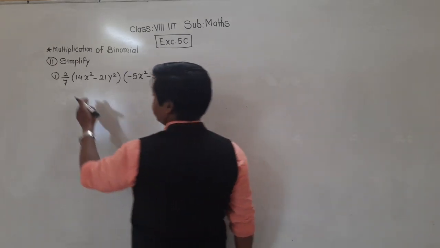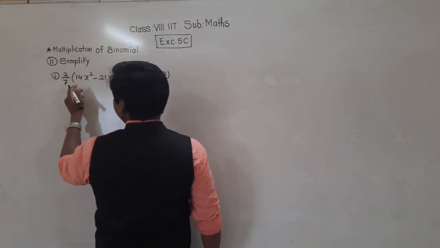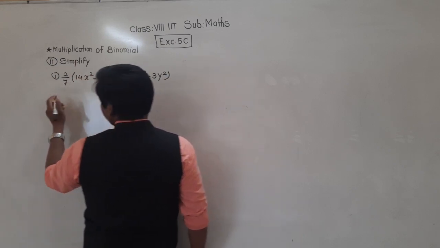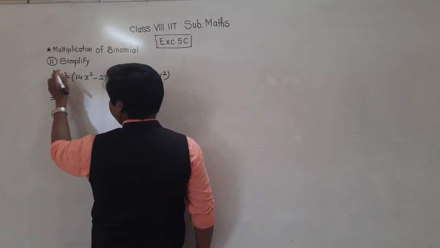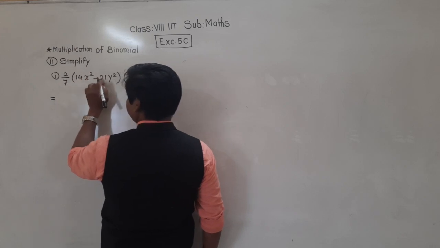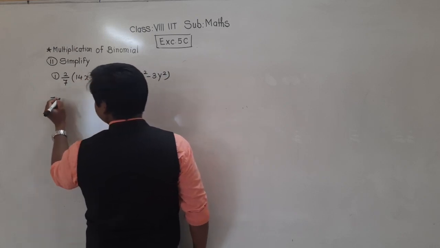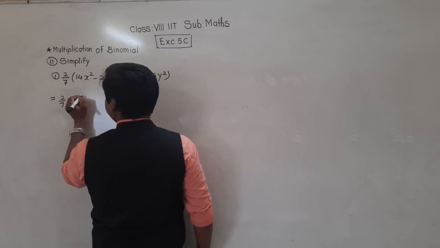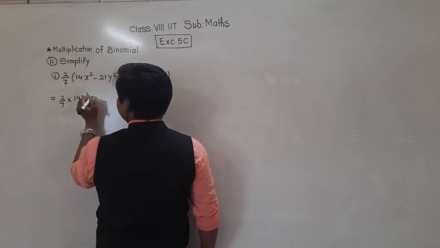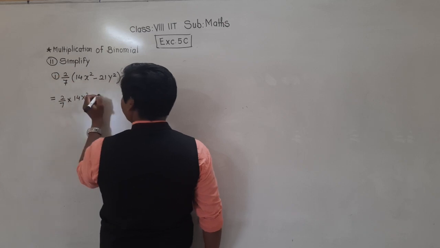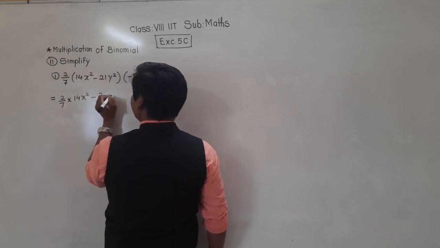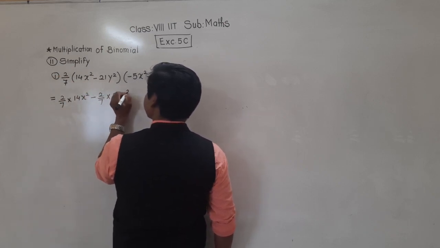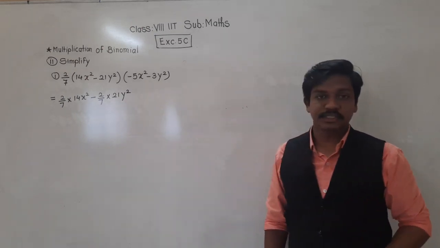Okay. So let us multiply first 2 upon 7 and this. Okay. So 2 upon 7 multiplied by 14x square minus 21y square, that is 2 upon 7 into 14x square minus 2 upon 7 into 21y square. Understood this?